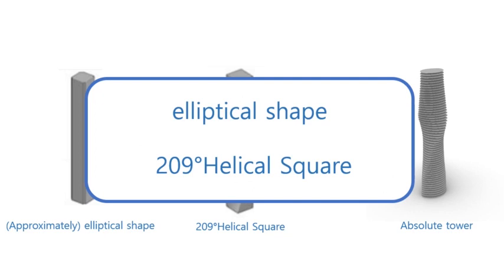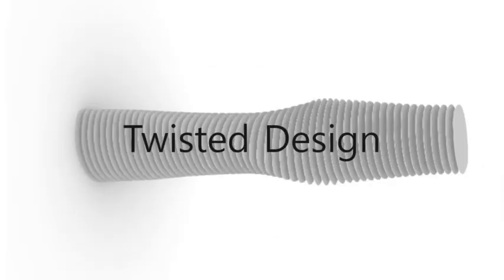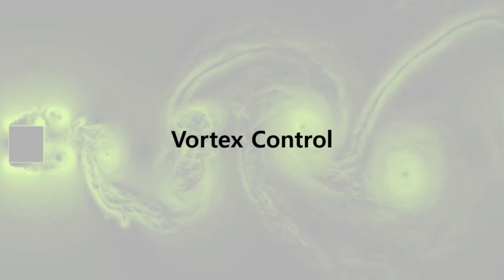Absolute Tower has both an elliptical shape and a helical square rotated 209 degrees. Especially, Absolute Tower's twisted design has strength against wind load. One major advantage is vortex control.